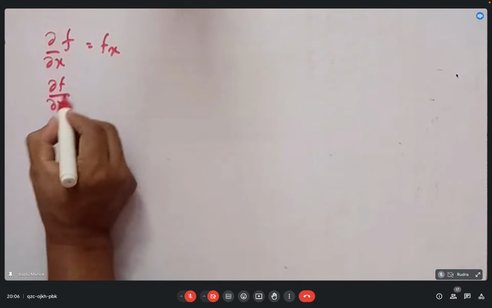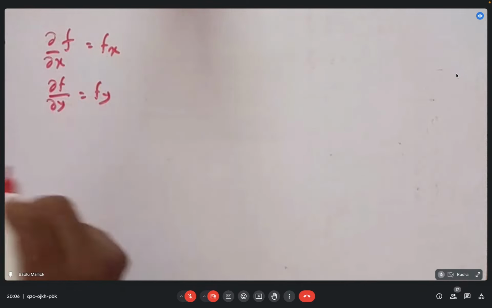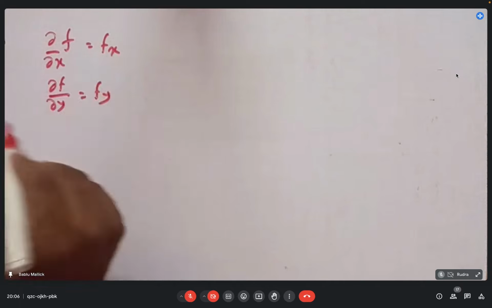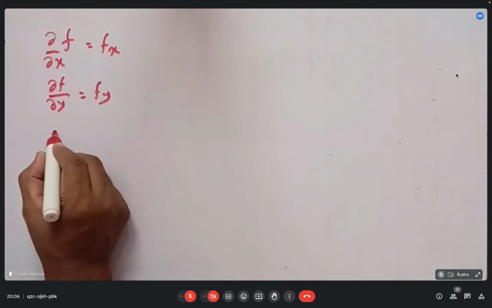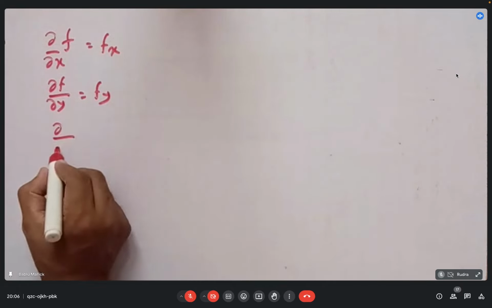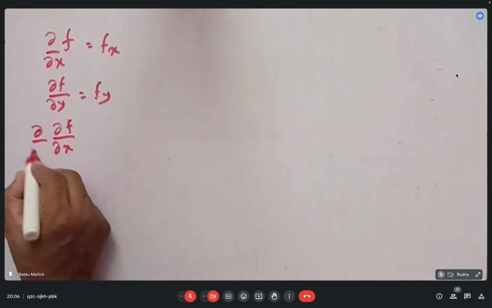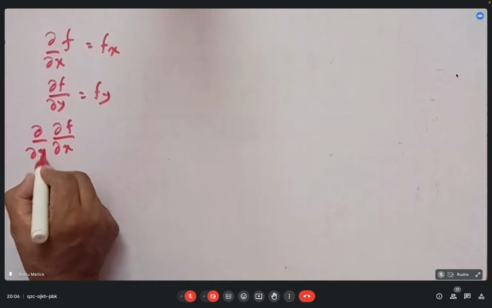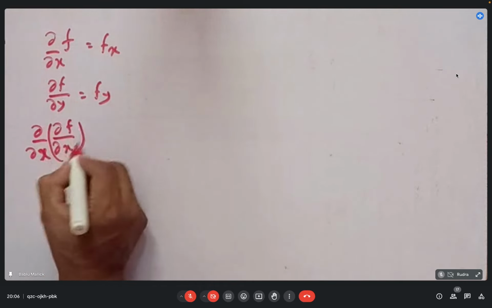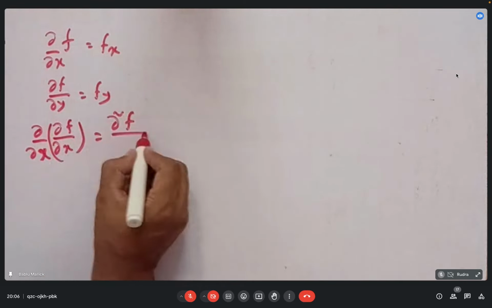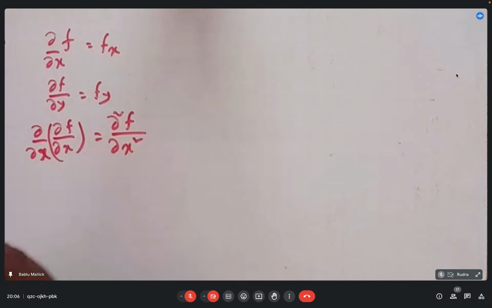Similarly, del f del y is equal to fy. We shall denote it in this way. Del x of del f del x, differentiating again with respect to x, can be written as del 2f del x2.